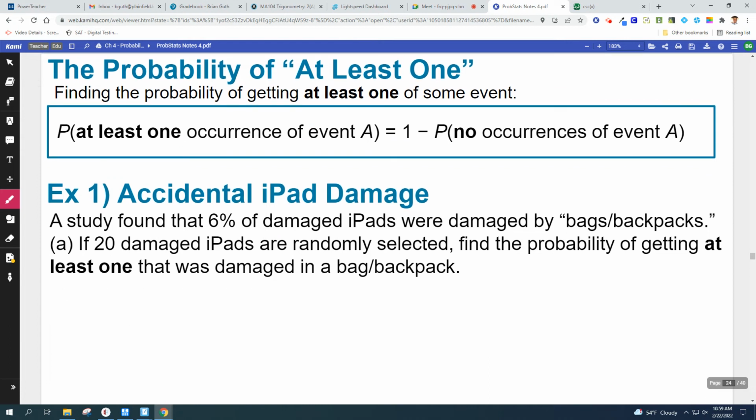So there's a formula for that. Finding the probability of getting at least one of some event says probability of at least one occurrence of event A equals 1 minus probability of no occurrences of event A. So sometimes you can see it written like this: probability of the number being at least 1 equals 1 minus the probability of 0 things happening.